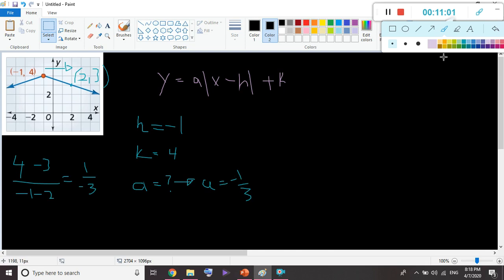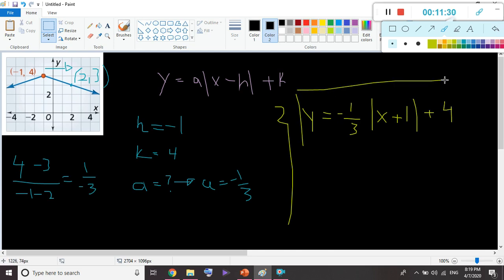Now, after finding the values of these coefficients, we're going to just plug them into the equation. So it's going to be y equals A, which is -1 over 3, x minus h, which is -1, so it's going to be +1. K is 4, so it's going to be +4. This will be the answer for this question.